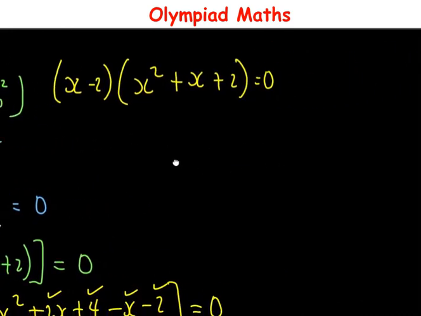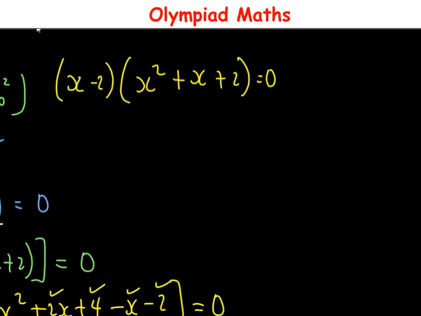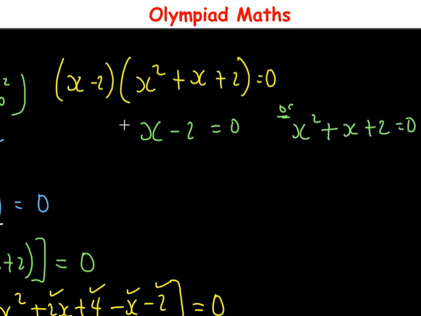And from here, we can equate this to 0 or equate this to 0. So we have x minus 2 equals 0, or we have x squared plus x plus 2 equals 0. So from this, x is equal to 2. Now we have gotten the third solution for the value of x.